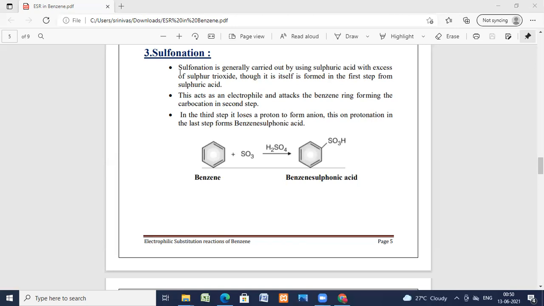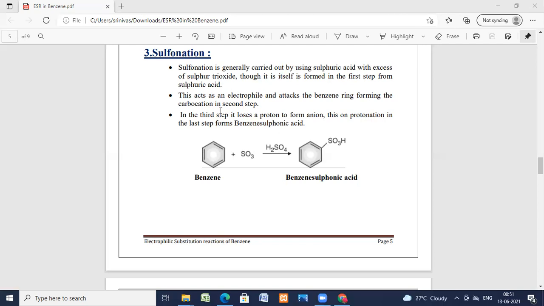Electrophilic aromatic substitution reactions are believed to be SE2 reactions. They occur in steps: generation of the electrophile, the second one is formation of the carbonium ion, the third one is the stabilization of the carbonium ion, and the fourth one is formation of the product.